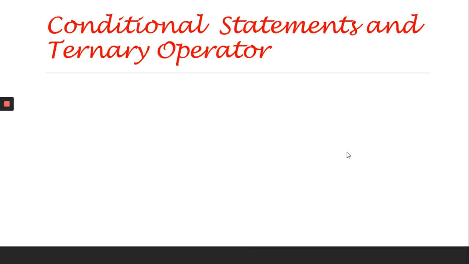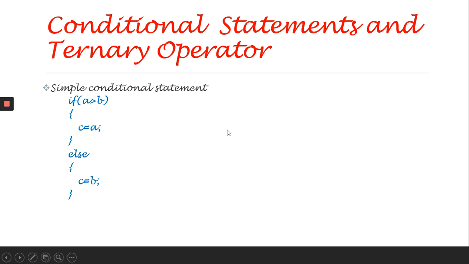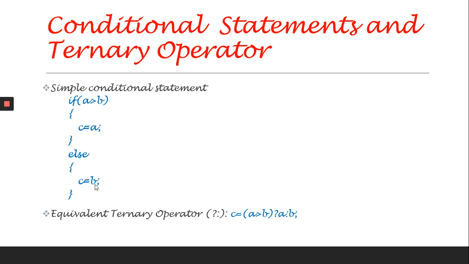Now, as we have discussed earlier, we shall compare a conditional statement and a ternary operator. A simple conditional statement we all know. If a particular condition say A greater than B, we are doing a set of expressions. Here it is C is equal to A. Else, if this condition is false, we will be doing another statement, that is C is equal to B. These set of statements can be simplified and written using a ternary operator.